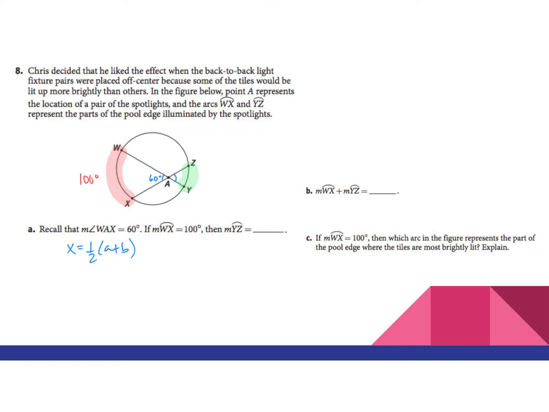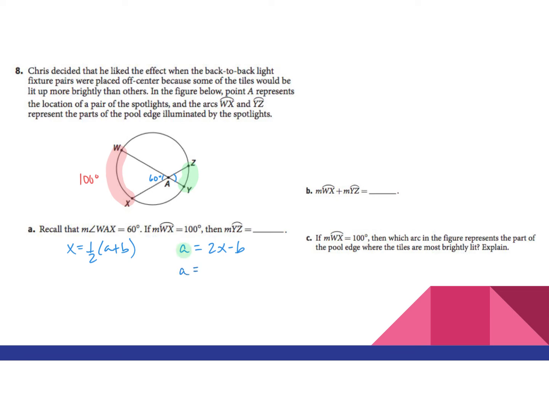Plug in 100 for a or b and solve for the other one. Or we could use that isolated equation we just came up with in our last problem, where a equaled 2x minus b. That might be a little easier to work with since a is already isolated for us to find YZ.